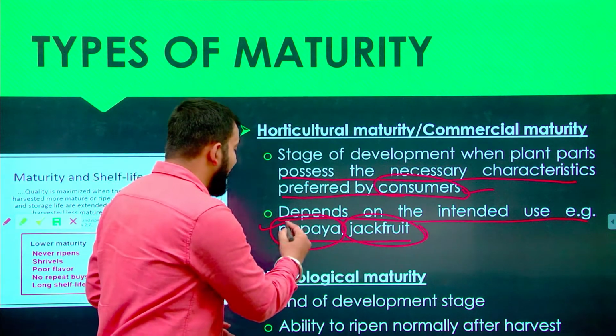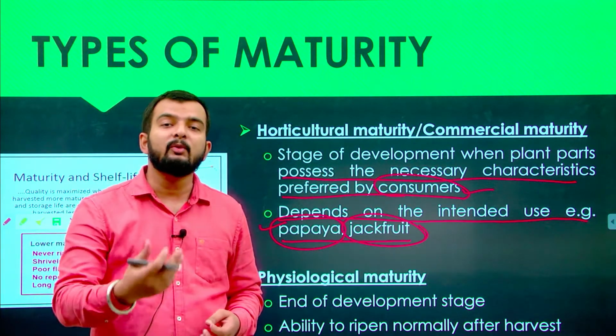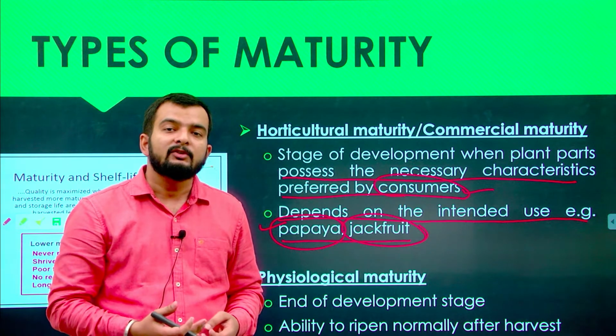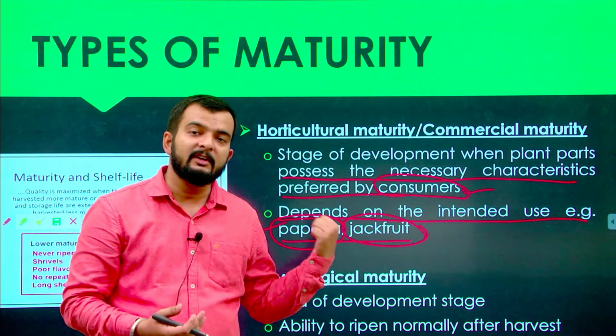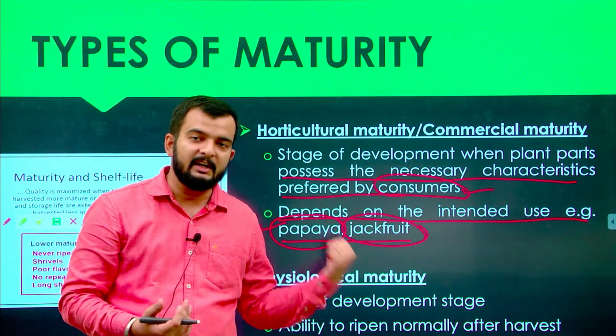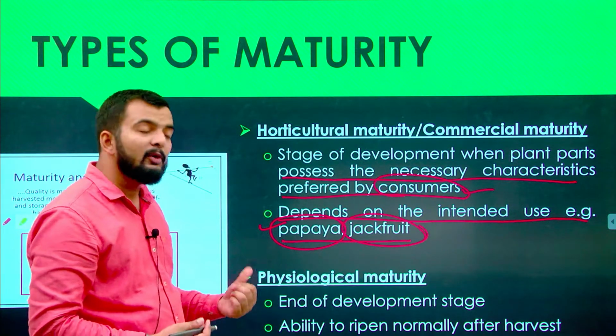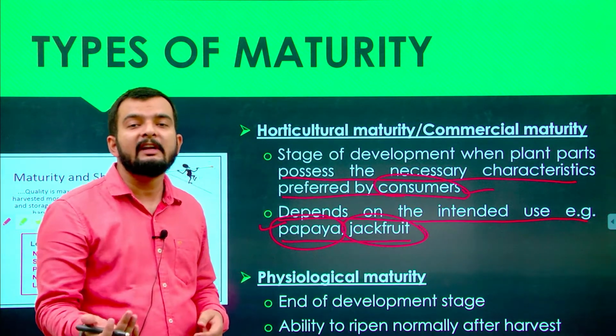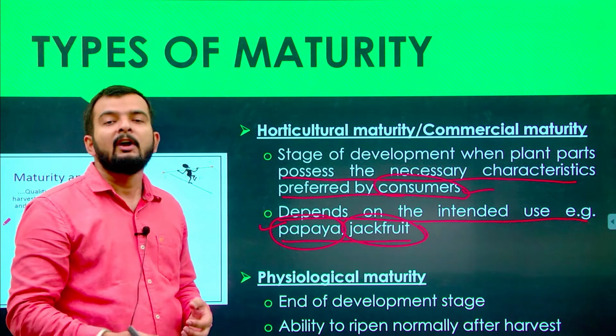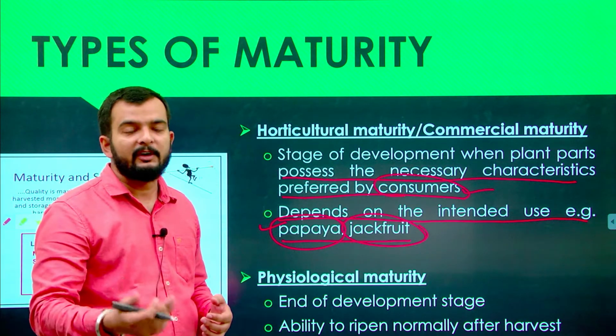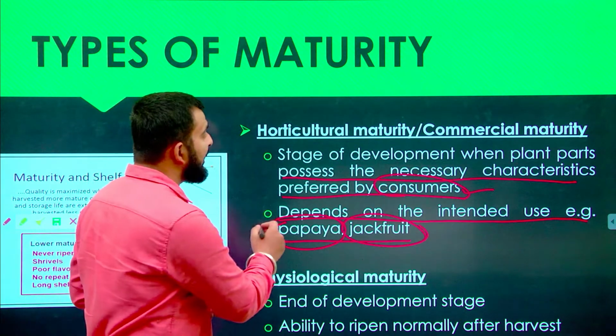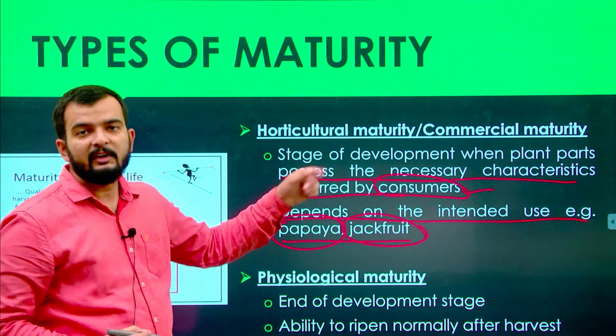In case of papaya also, as I told you, if they are going to consume the raw papaya, the maturity index or the harvesting period will be different compared to if they are going to process it into a value added product like tutti frutti, or for pectin if it is required. So, based on that, their harvesting or maturity will differ.